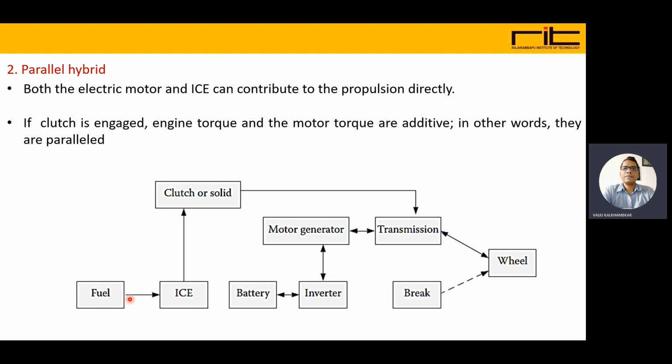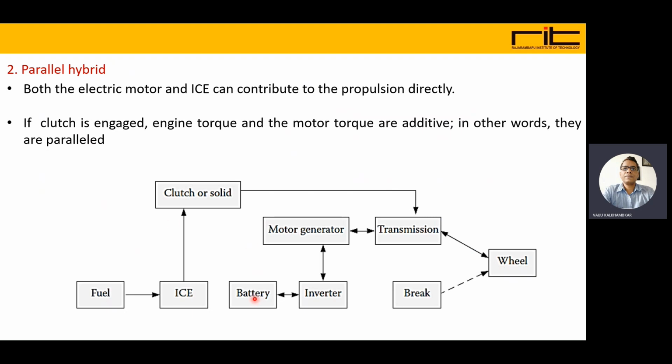Here we can see the block diagram of this parallel hybrid. This is the fuel of the IC engine. Now it is connected to the clutch or solid, and directly it is giving torque to the transmission and then to the wheels. Now this is the mechanical path, that is IC engine mode.